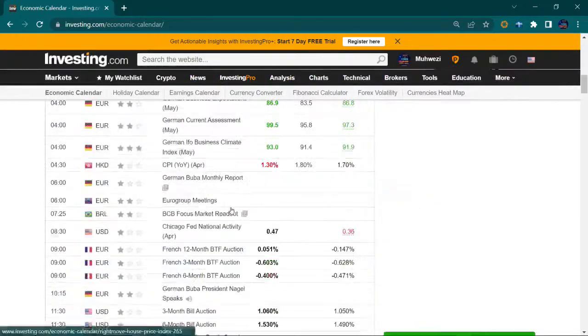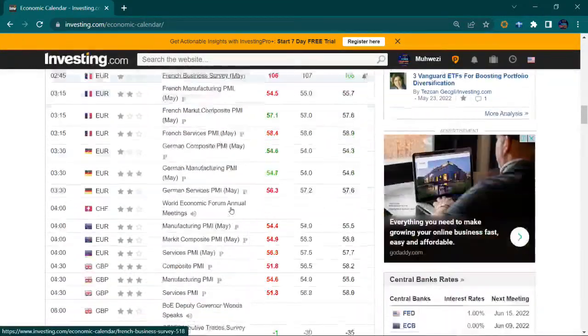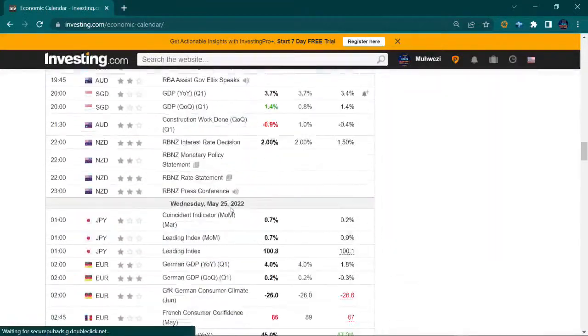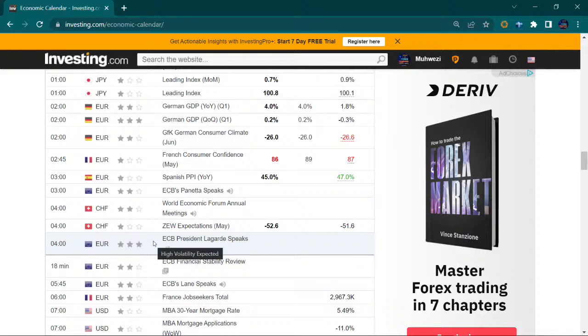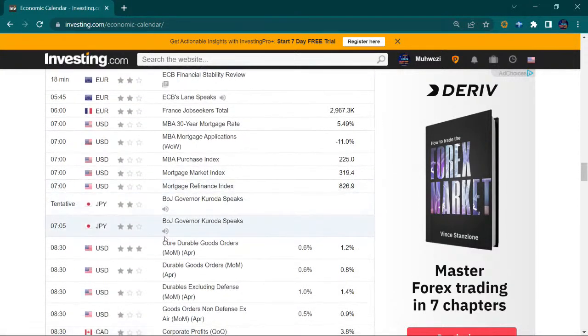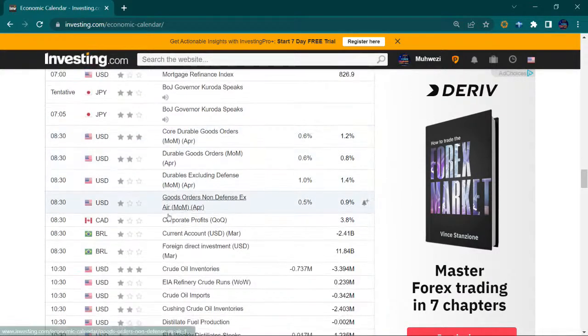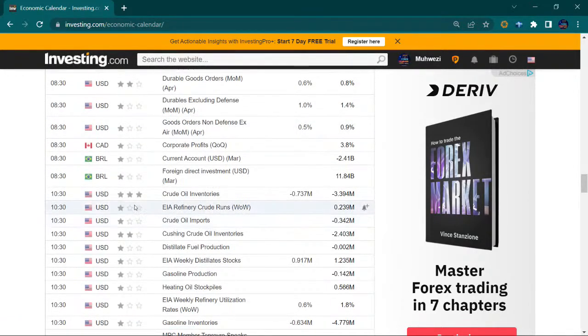So let's look at Wednesday, which is today. Do we have 3 stars? Yes, we do, here at 4 a.m. New York time. Even here we have news at 8:30 New York time on the dollar. So we're going to be looking at the dollar.